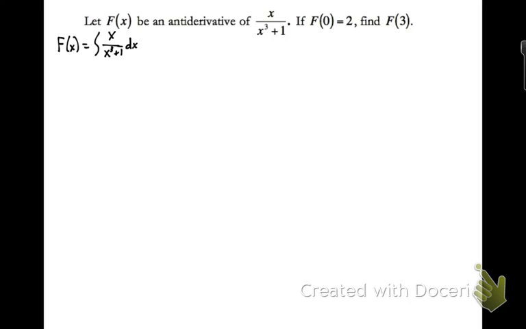But the point of the problem is to test just your recognition of the relationship between these things. If you were to look at F of 3 minus F of 0, that would be what you got if you were to integrate this from 0 to 3 of x over x cubed plus 1 dx.